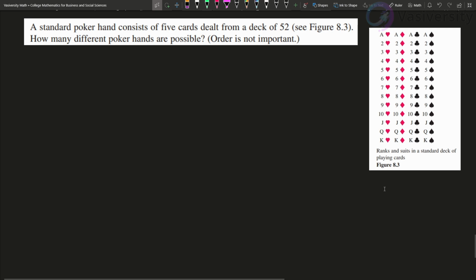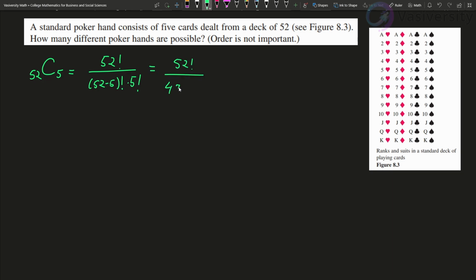So what are we doing? We're choosing 5 cards dealt from a deck of 52. That means the combination of 52 choose 5 is equal to 52 factorial over 52 minus 5 factorial times 5 factorial. That's equal to 52 factorial over 47 factorial times 5 factorial.